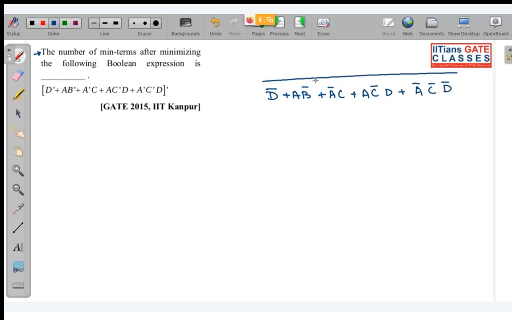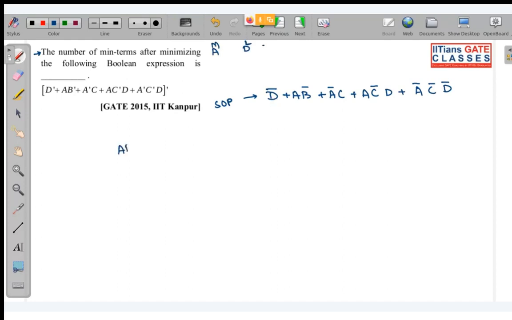At the moment leave this complement. This is written in SOP form. First let me find the minterm numbers for this. If nothing is mentioned and here it is ABCD, A will be MSB and D will be LSB.